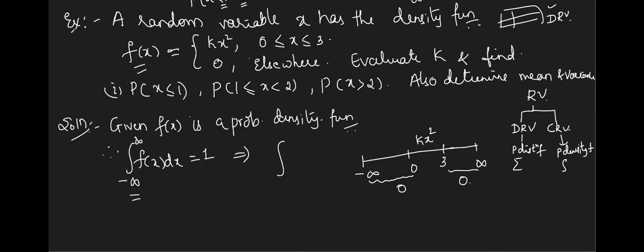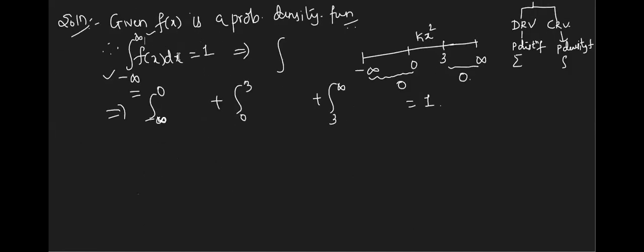So this is to be written like this: minus infinity to 0 plus 0 to 3 plus 3 to infinity. The whole thing is minus infinity to plus infinity only. In these intervals, you should write the value of f of x. Between minus infinity to 0, what is the value of f of x? 0.